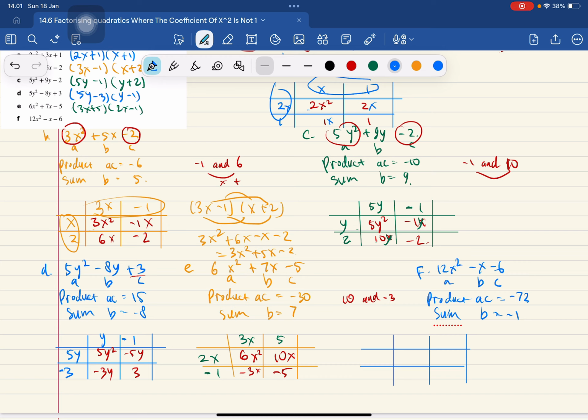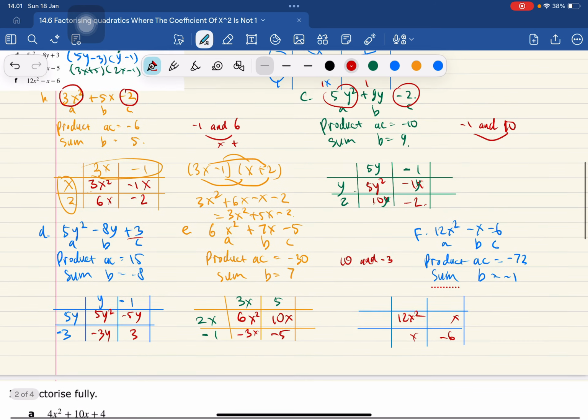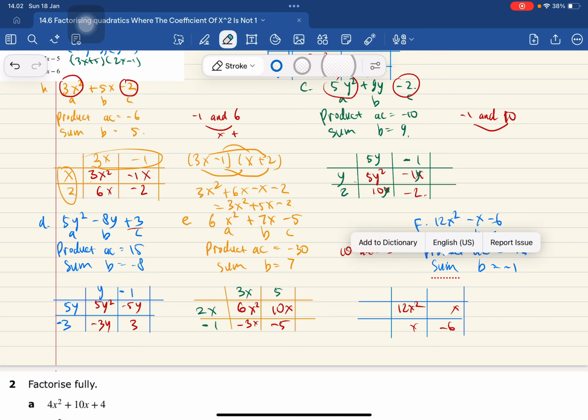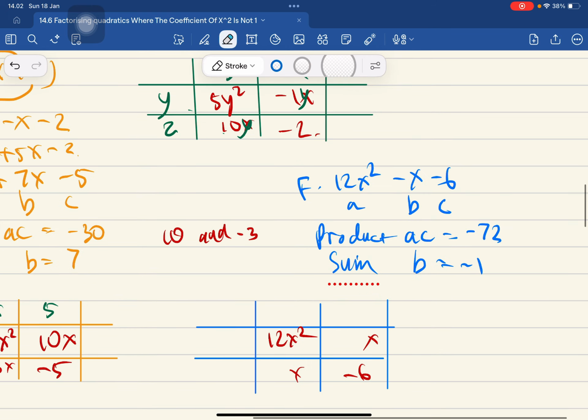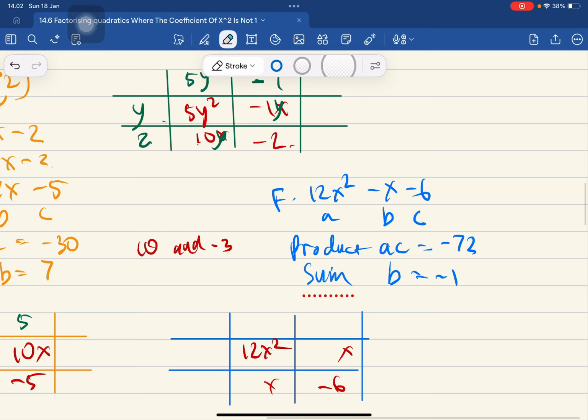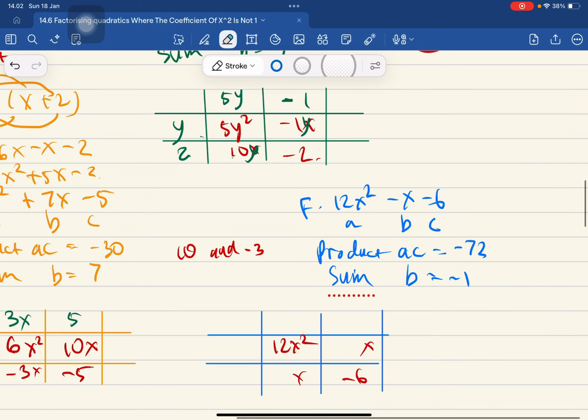So for the first term we will write 12x squared, which is going to be x and x, and the last term is minus 6. So we need to find the two numbers. When we add them it's going to be minus 1. However, when we multiply it's going to be 72. So first let us make a list to make it easier.